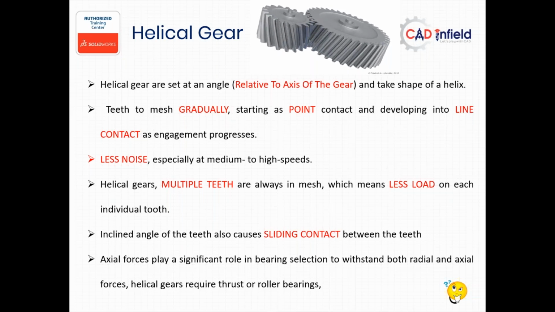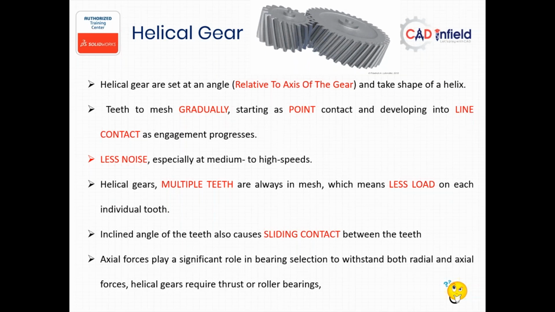Earlier, in the spur gear, we had a face-to-face contact and one tooth engaged at one time. But here the inclination is along the axis, so multiple teeth engage at a time, and due to the multiple teeth and inclination, the point contact is there.